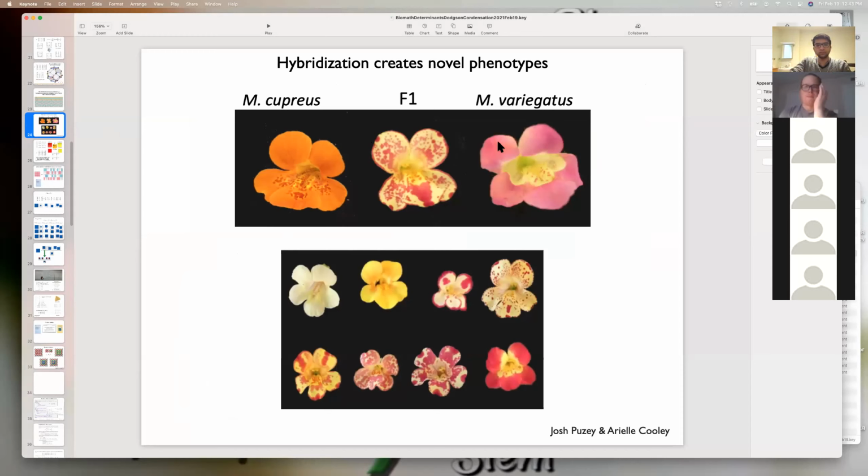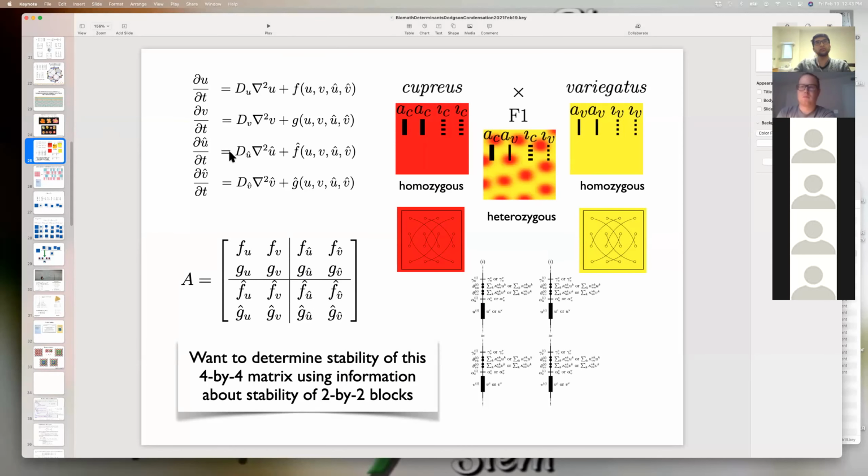Is that what you're referring to? Yeah, I mean, it seems like if you have a four-dimensional system, so if both U, V and U hat, V hat equal to the red, that's like equilibrium. Right. If they both equal to yellow, it's also equilibrium. But if you make U, V equal to red, U hat, V hat equal to yellow, I don't know, that may not even be an equilibrium.